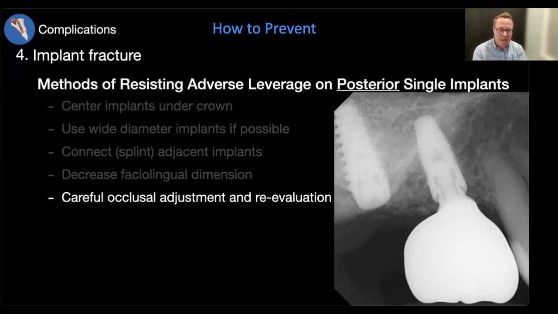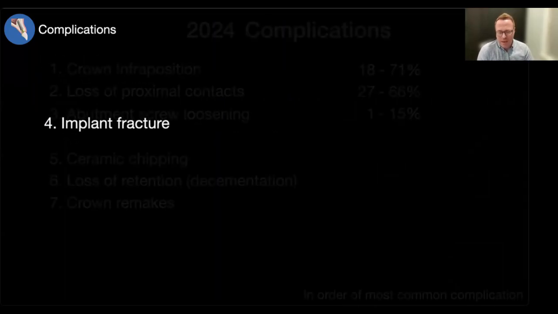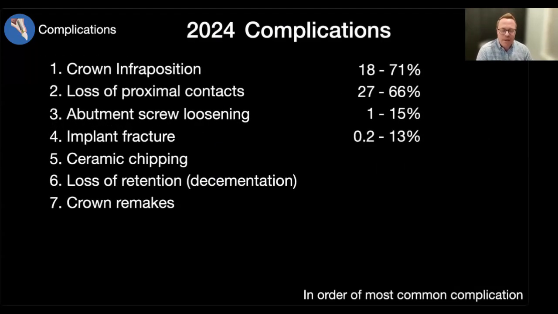So we need to keep checking that and make sure that as they wear down their natural teeth around it or the teeth move, we don't end up having all of a sudden a lot of forces on an implant crown that wasn't there before, because that of course can cause this to happen. So that's really the implant fracture side of things. And of course, it's something we want to avoid.